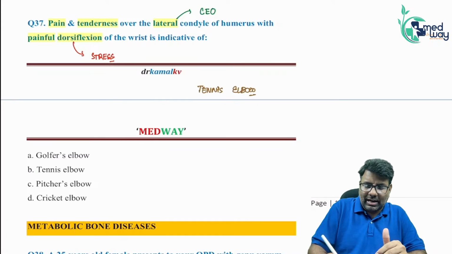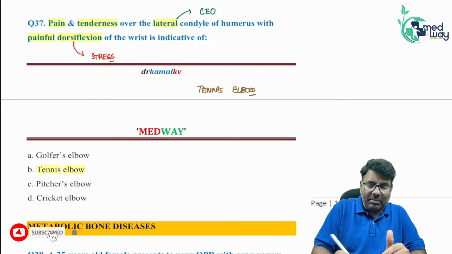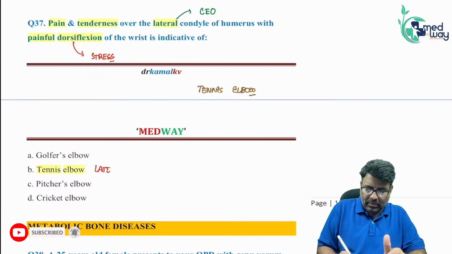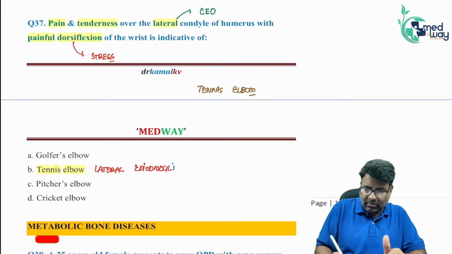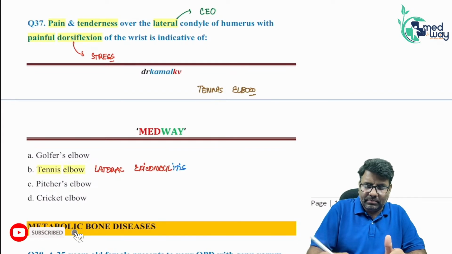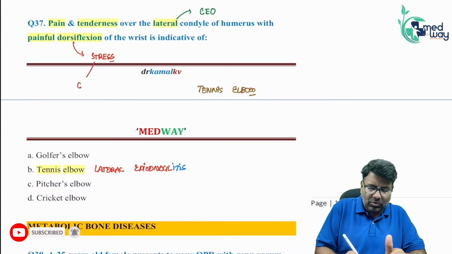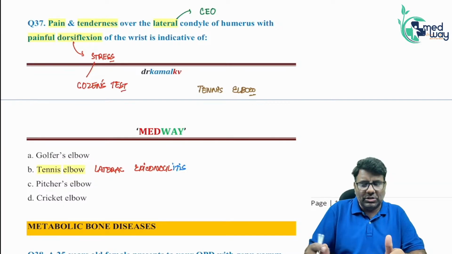Right? This is the classical presentation of tennis elbow, which is also known as lateral epicondylitis. And this particular test is known as Cozen's test.